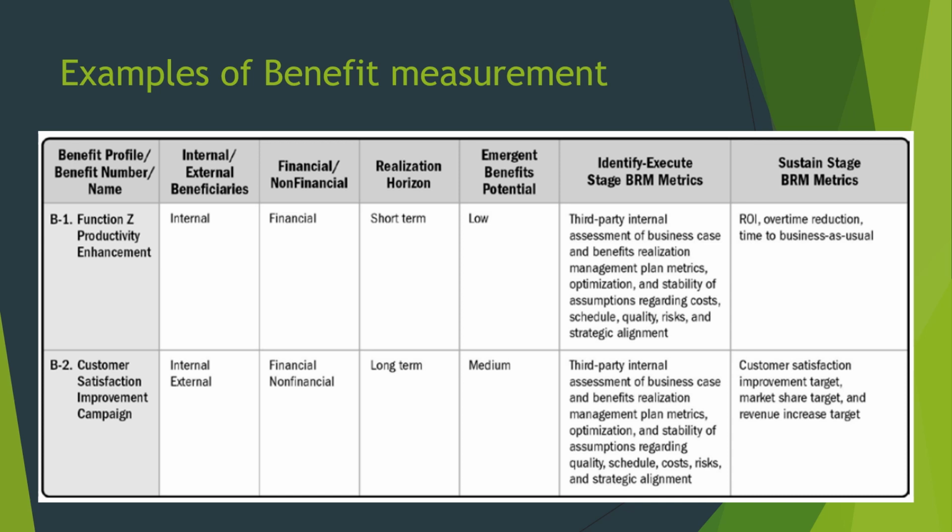These are some examples of benefit measurements. Let's take the productivity enhancement of a project, which is internal in nature and a financial benefit. It is very short term, so its emergent benefit is low.